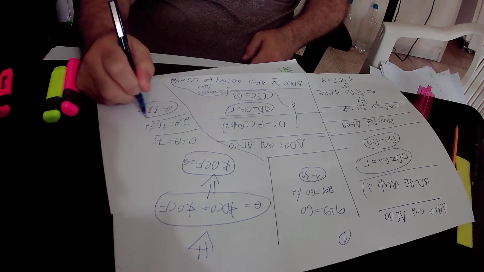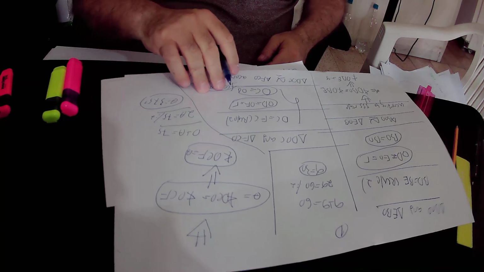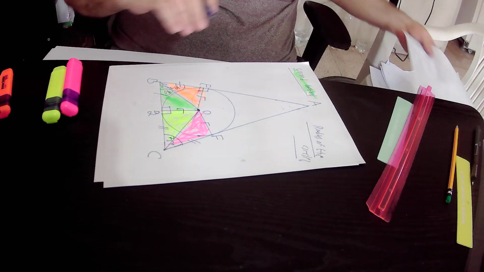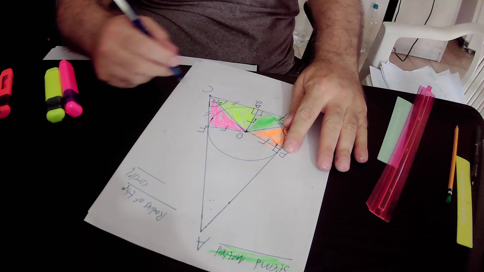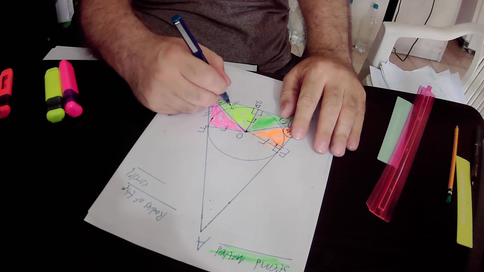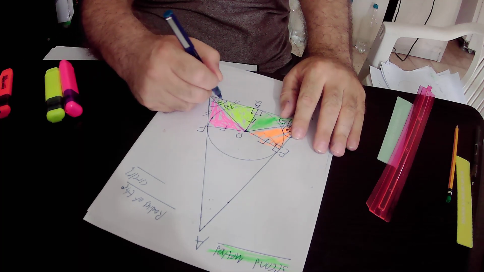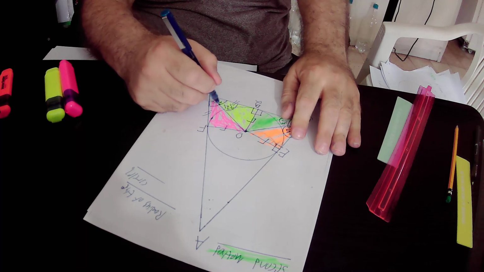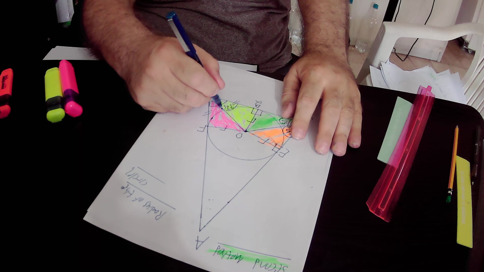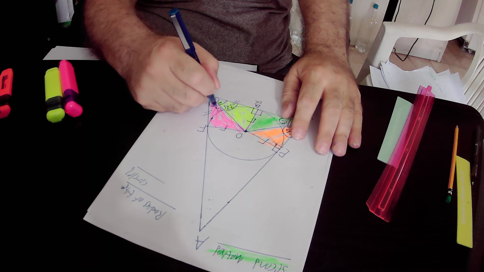So this angle theta equals 37.5 degrees. And this is also angle theta, that is also equal to 37.5 degrees.